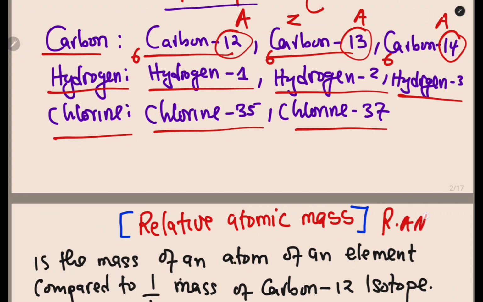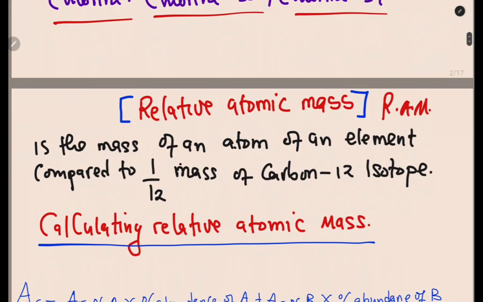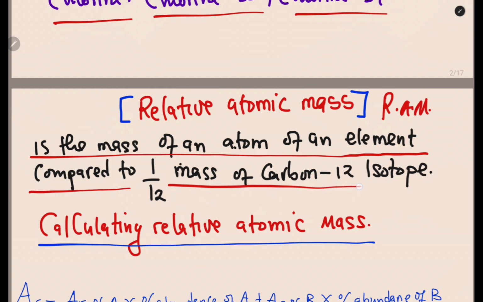Relative atomic mass. What is relative atomic mass? Relative atomic mass is the mass of an atom of an element compared to 1/12 mass of carbon 12. That is what we call relative atomic mass of an element.